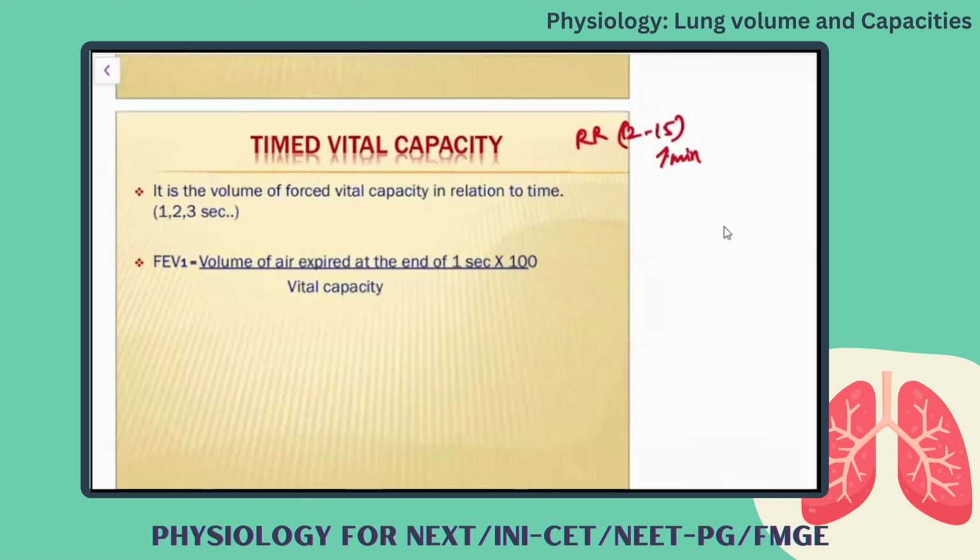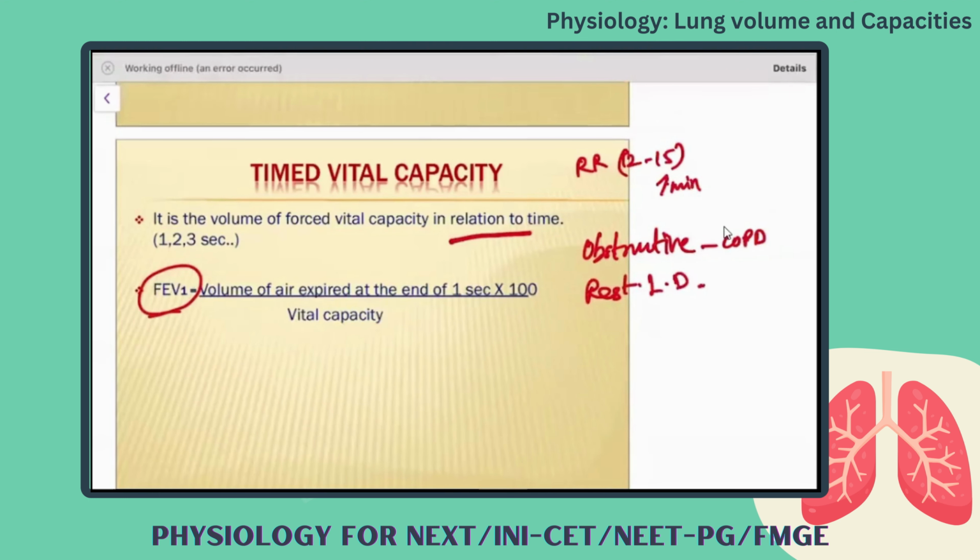And if you want to differentiate whether the abnormality is due to obstructive lung disease, like COPD, or due to restrictive lung diseases, you will do this timed vital capacity. This timed vital capacity is the measure of vital capacity in relation to the time.